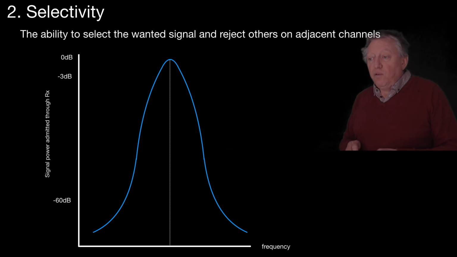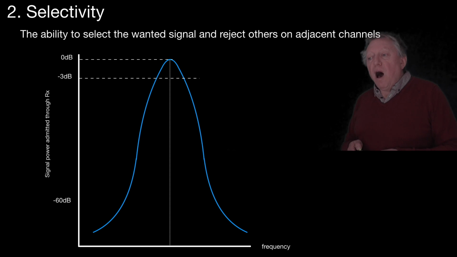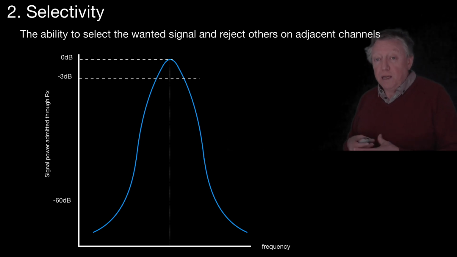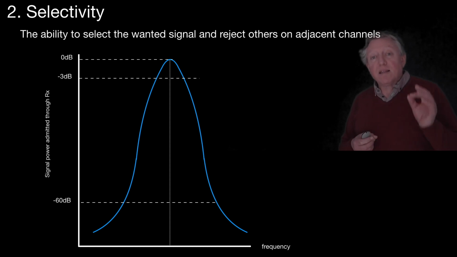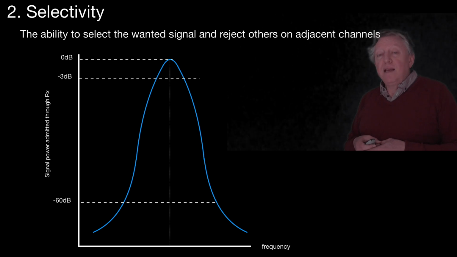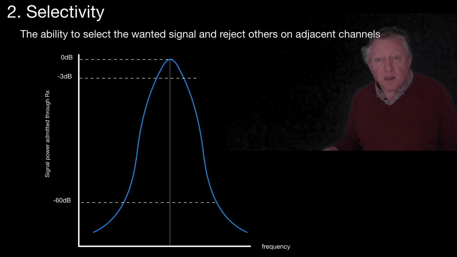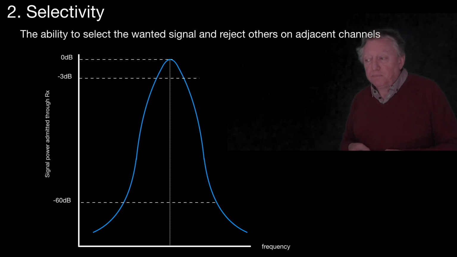And if we draw some scale points in, if we say that at its most selective point that is 0 dB, then when we're receiving half the power, we would say that's minus 3 dB, because we're dealing in power, not voltage. And we're going to draw another significant point in, that is the minus 60 dB point. Minus 60 dB because that is an oft used standard for quoting selectivity.